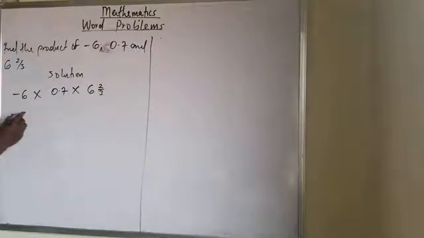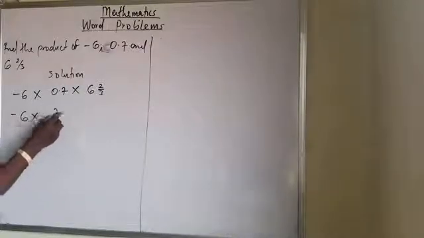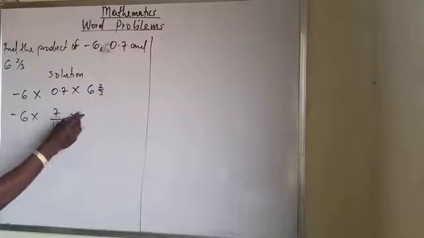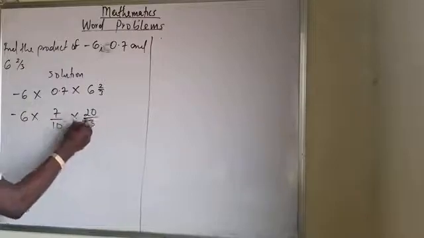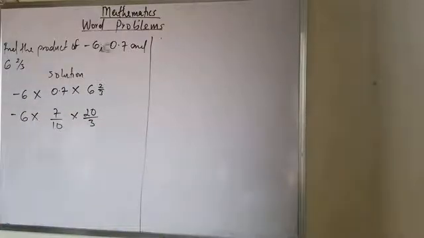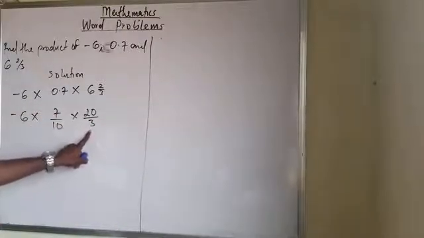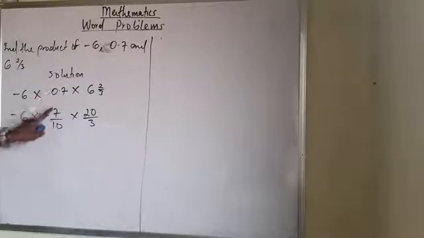It means -6 multiplied by 7 divided by 10 multiplied by this times this going to be 18 plus that will be 20 divided by 3. Now what am I doing there? I just make this an improper fraction. This decimal becomes a fraction.